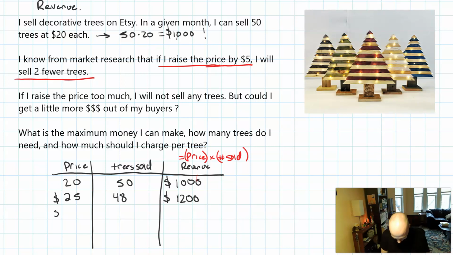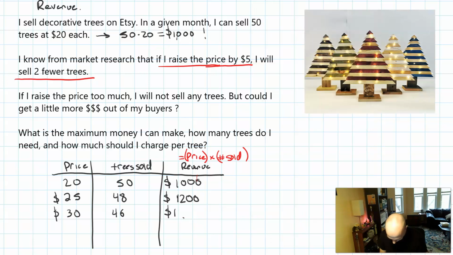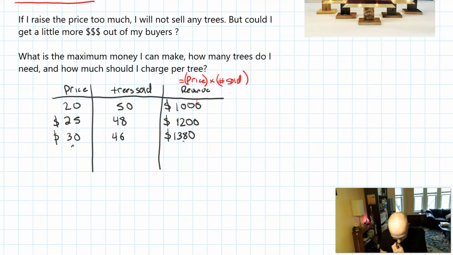What if I do it again? So $30, I would sell 46 trees. That's going to be even bigger, right? $1,380. And I can sort of see where this is going. What if I went all the way up to, I don't know, $100? Let's see if I can get a maximum.